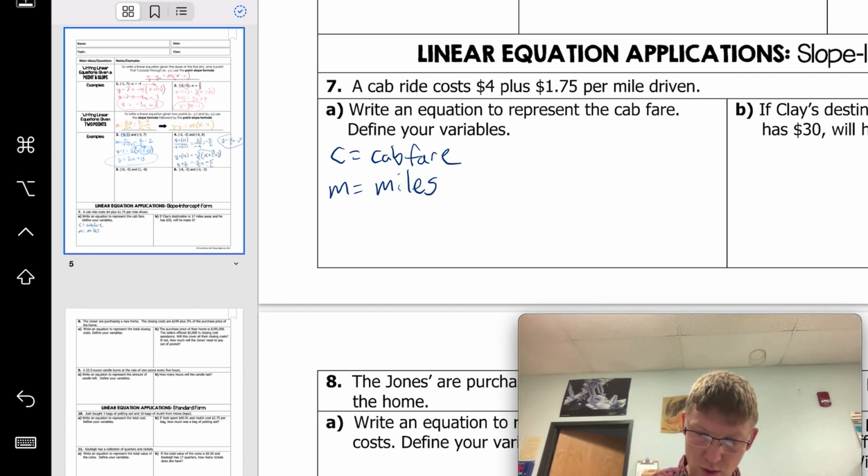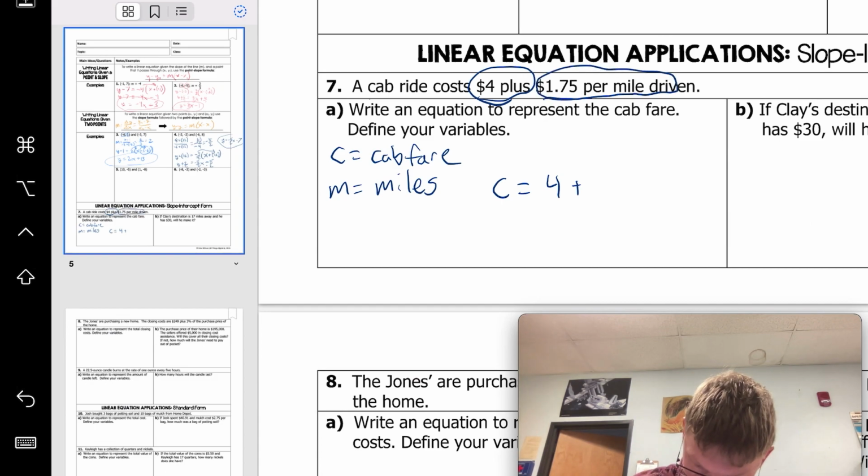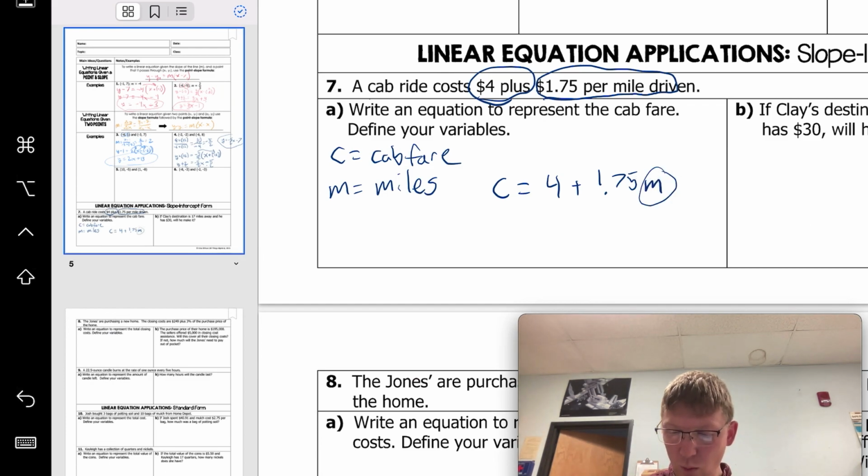So then your total cab fare, C, is equal to, so you start off with the 4, and then this is per mile driven, so 1.75M. So that means that if you plug in a 1 right there, then it's just 1.75. If you plug in a 10, that would indicate that you went 10 miles.